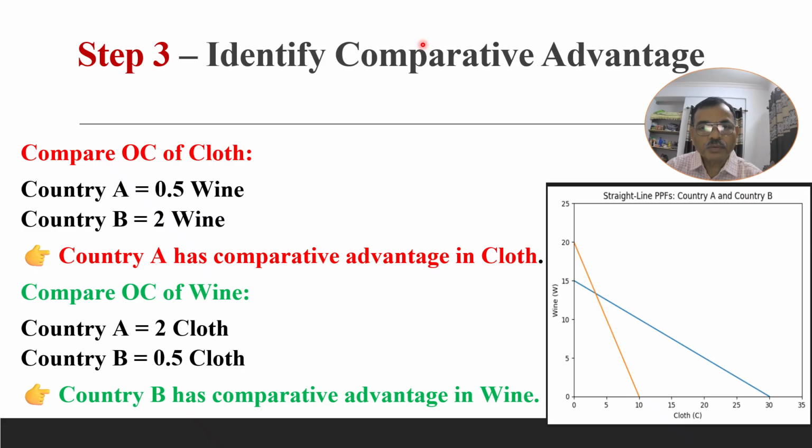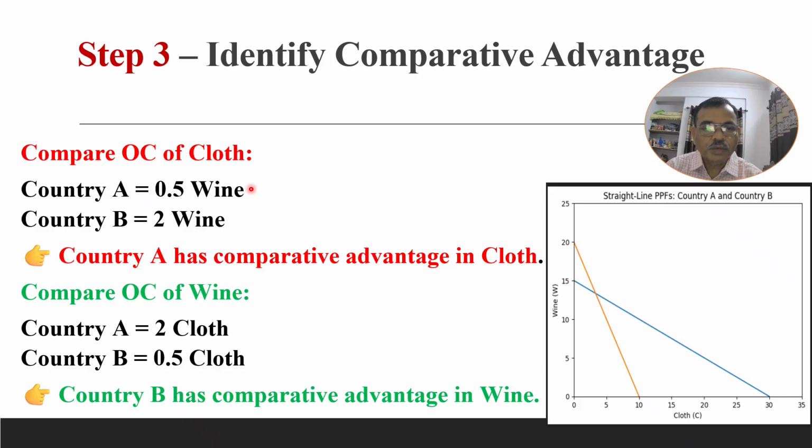Compare opportunity cost of cloth in country A, equal to 0.5 units of wine, and in country B, opportunity cost of cloth equal to 2 units of wine.